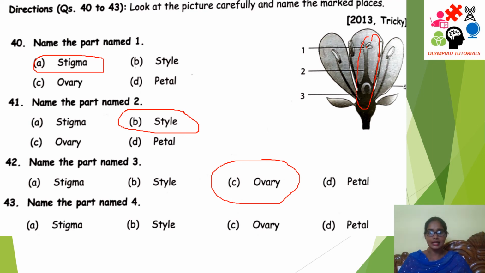And part number 4, this side you have, that is nothing but petal. And the other parts here you can see, these are the male reproductive parts of a plant. So very easy questions, children.